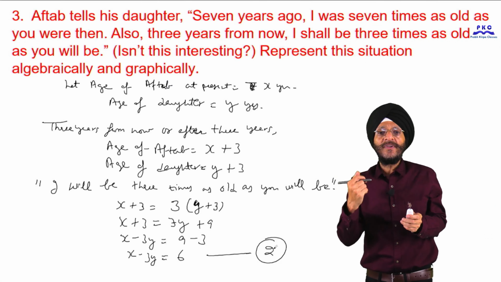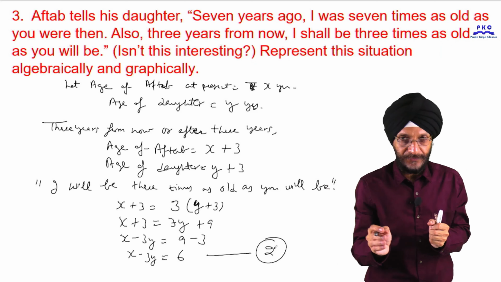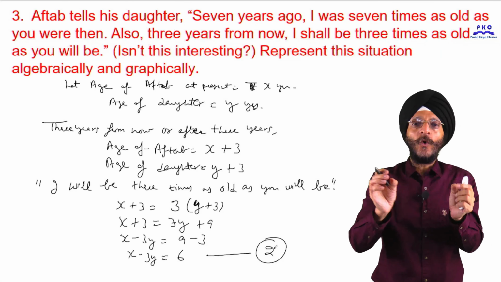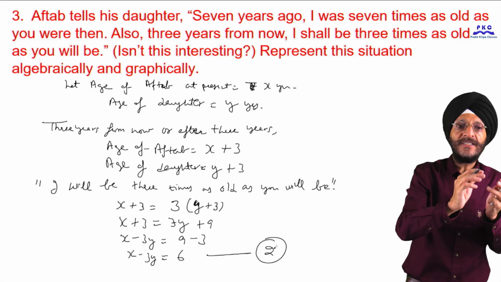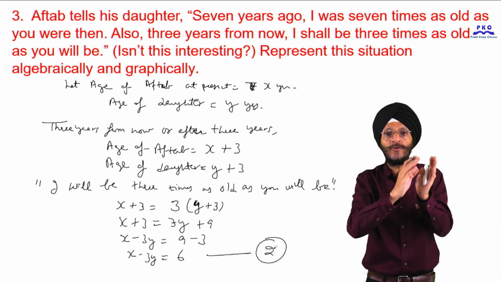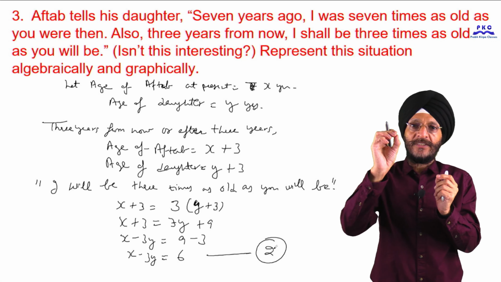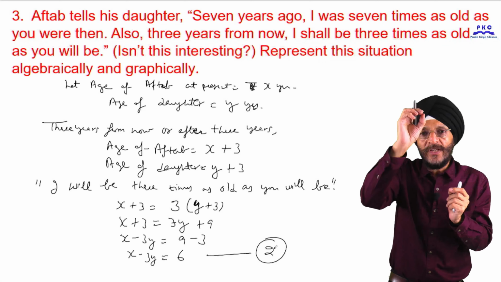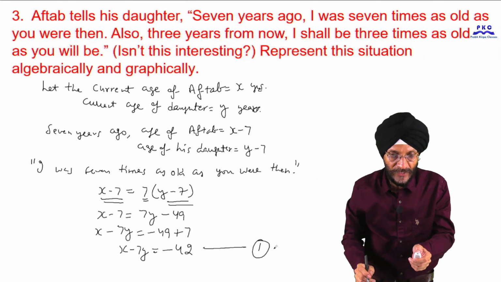Now what we will have to do? Now we will have to find out 2 points or 2 solutions for each of the equations. That is, we will have to find out the values of x and y in respect of 2 points so that we can form a graph. So now what is the first equation?